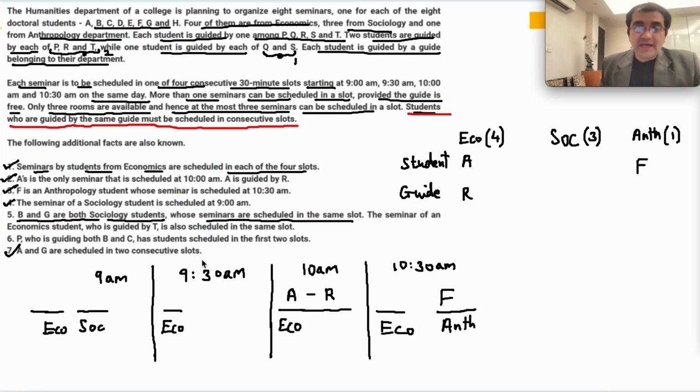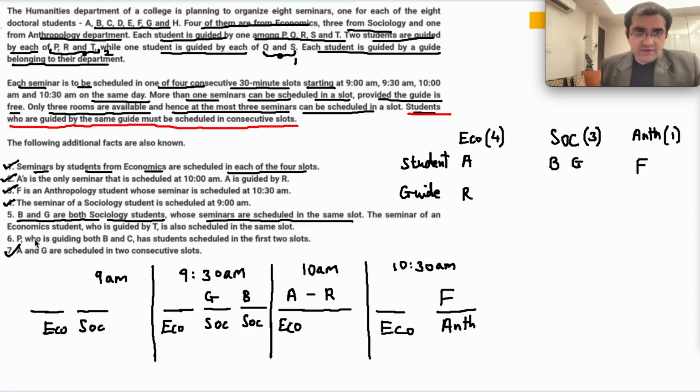So if A and G are in consecutive slots, A is over here, तो G को इधर आना पड़ेगा. And G is a sociology student. उसके साथ में B is a sociology student. So I have sociology students B and G scheduled in the same slot.